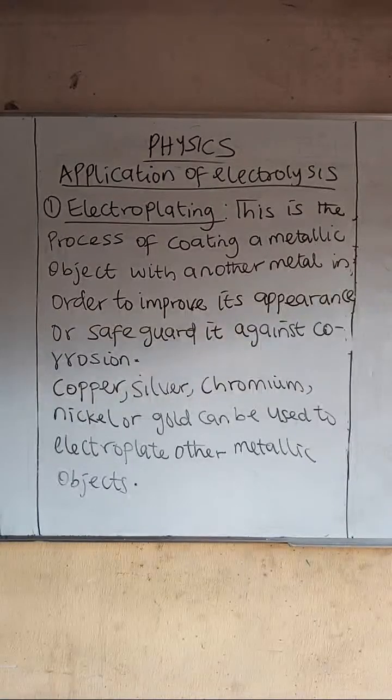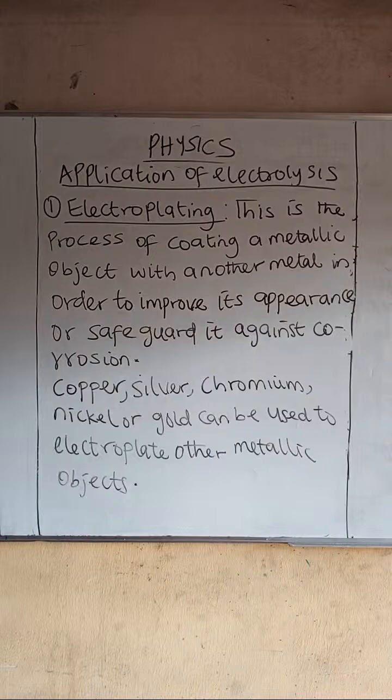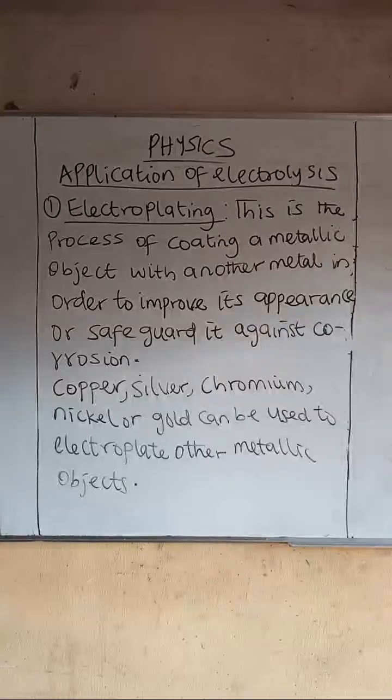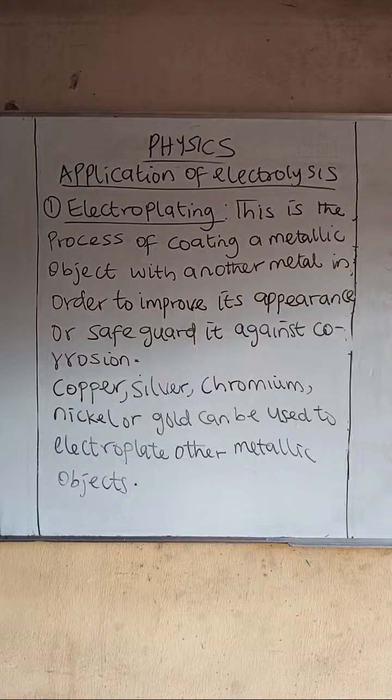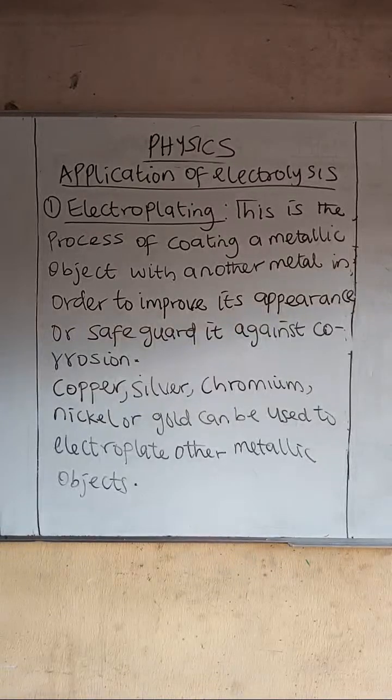The positive ions will move to the cathode because the cathode is the negative electrode, while the negative ions will move to the anode. Is that understood? Jessica, do you understand? So they don't really have examples. Their work is just to accept the ions that are coming to them.